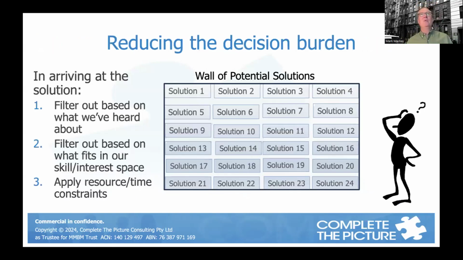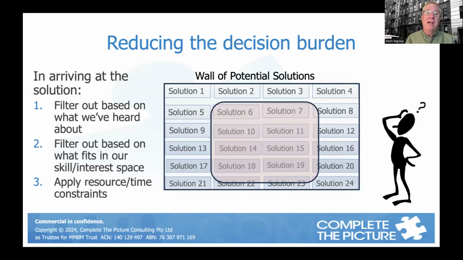So what happens when we do that? Well, instead of a solution, there's actually a range of potential solutions. So you probably already started to filter out solutions as part of your thinking process. If we had a hypothetical wall of solutions, that I'm showing here is 24, we'll filter out based on perhaps what we've heard.